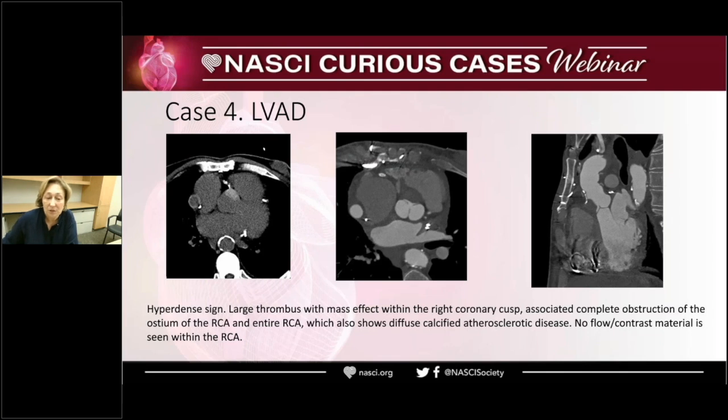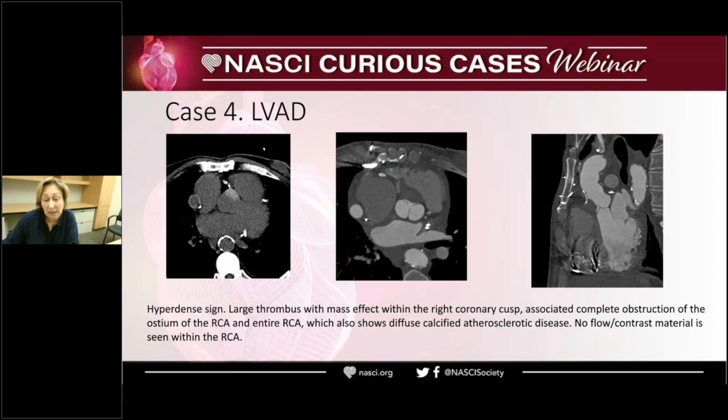On post-contrast imaging, we have a very similar appearance of the lesion, but this area is hypodense, and again confined to the right coronary cusp. We see a very similar thing on this reconstructed sagittal oblique image right here. So what we have here is a hyperdense sign. There's a large thrombus within the right coronary cusp, and this large thrombus completely occludes the ostium of the RCA and the entire RCA as well.